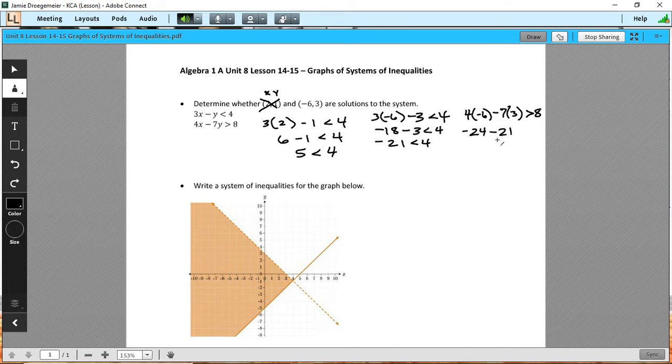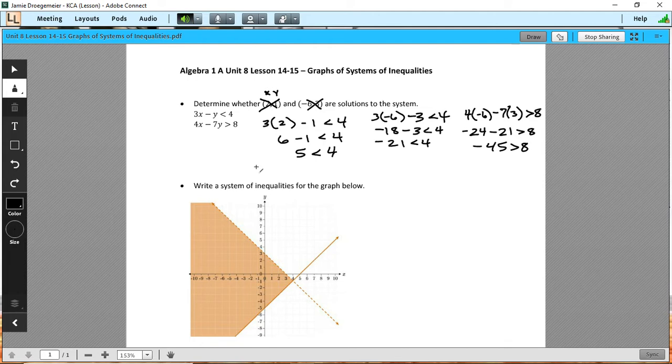Negative 24 minus 21 is negative 45. And negative 45 is not greater than 8. And so since neither point satisfies both inequalities, we would say that neither one is a solution.